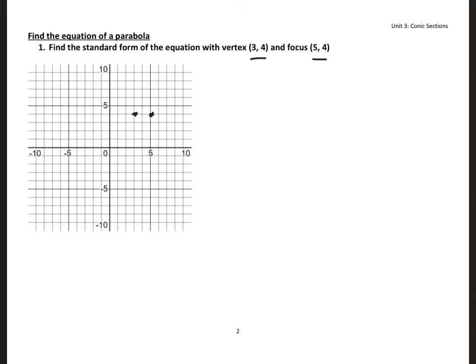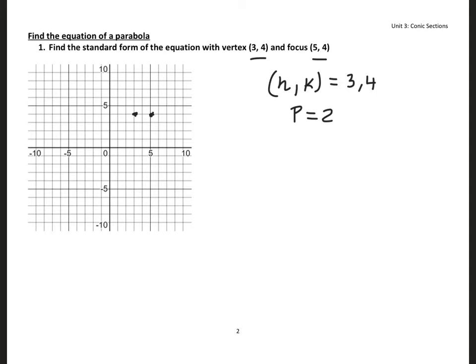How is this going to help us? Since we see the vertex there, I can write (h, k) equals (3, 4). So that is the vertex of the parabola, and I can tell that p equals 2. How is this parabola going to open?